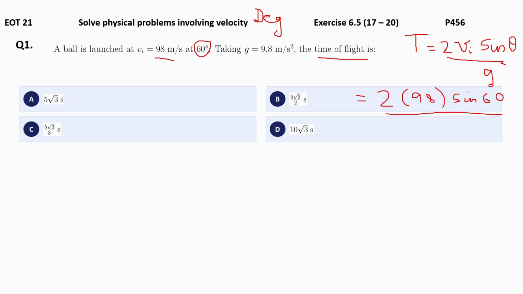It's given. If it's not given, you should know meter means 9.8, feet means 32. Here it is meter, so it is 9.8. Let's substitute these values and you get 17.32, which is nothing but 10 root 3 seconds.